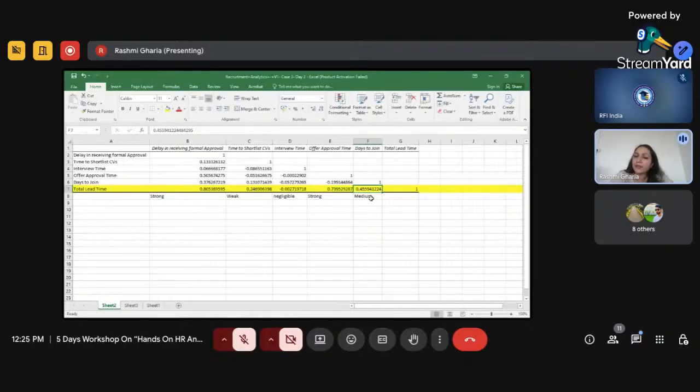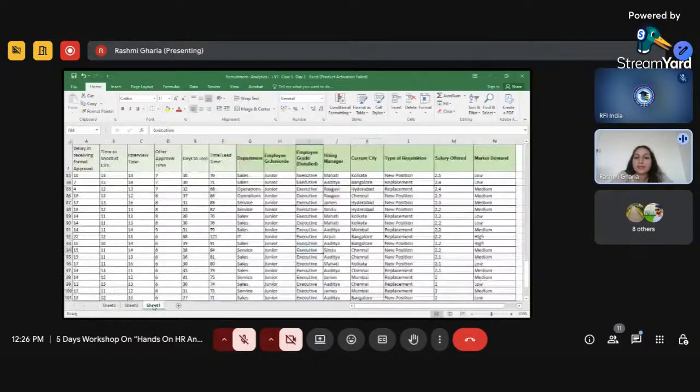You should ask the candidate during the interview only whether he is able to join on time or not, within a specified time, right? So this way you can take a decision related to the lead time, how you can reduce the lead time in your hiring process.